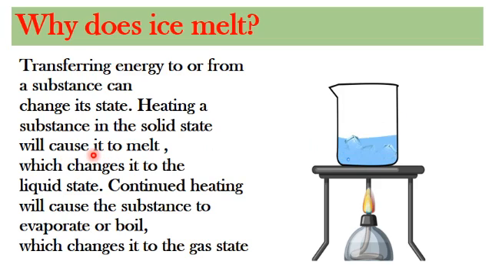On heating, ice cubes will start to melt and they will be converted into liquid state. Continue heating will cause the substance to evaporate or boil. If we continue heating, the liquid state will convert into gas state or vapor.